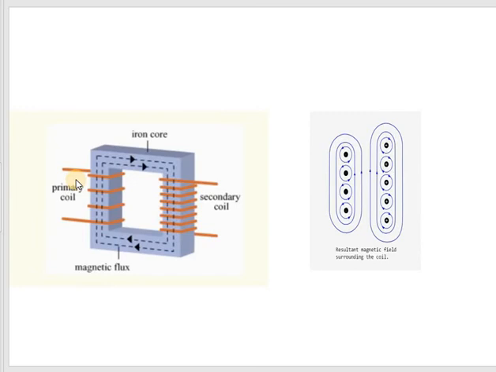This is an example of a step-up transformer, with the wire winding around an iron core, and there is a steady magnetic field that flows around the iron core. This magnetic field induces the movement of electrons in the secondary coil and generates current.